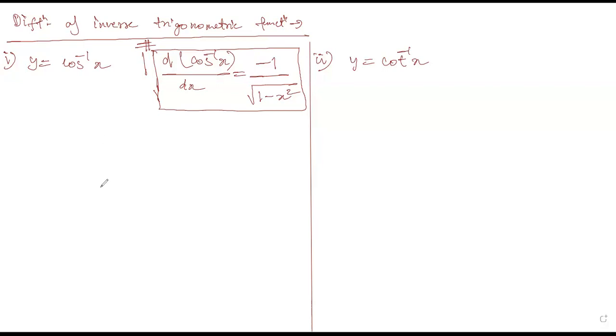So what we do is we first change it to a trigonometric function. How can we do that? We can take cos inverse to the left hand side. So if we take cos inverse to the left hand side, it becomes cos. So it is cos y is equal to x. Now differentiating both sides with respect to x.